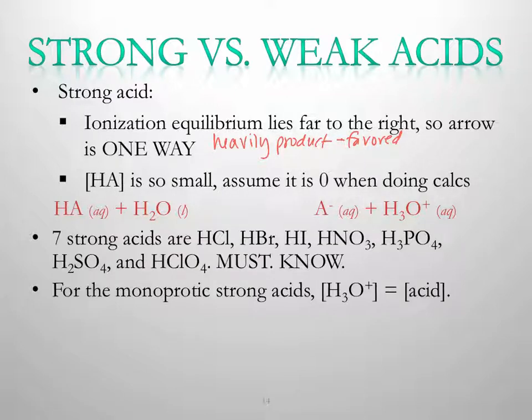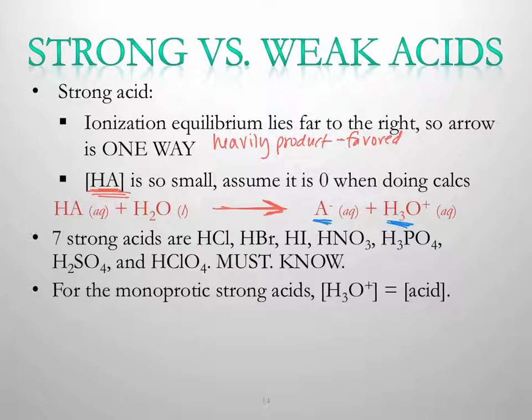We just say that it's a one directional arrow. The concentration of the intact acid is so small that you would always just assume that it's zero when you're doing any sort of calculation with the strong acid. The only concentrations you're really concerned with are the concentrations of the anion that's left and the hydronium.